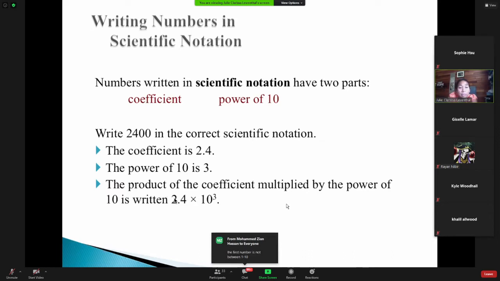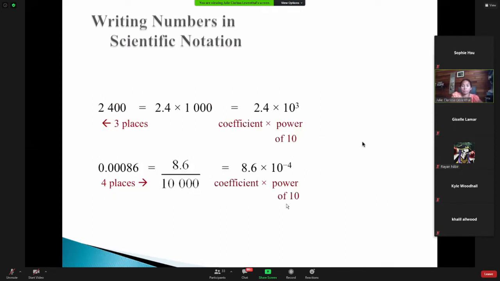Because your base number, your coefficient, is not between 1 and 10. 24 is higher than 10. So that is not your standard scientific notation. If in a question I ask you to write the number in standard conventional scientific notation, the coefficient should be between 1 and 10.